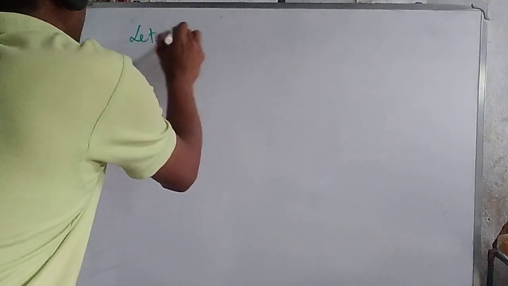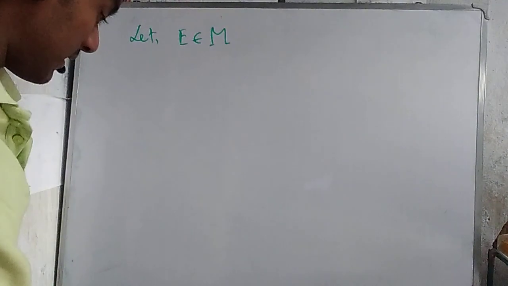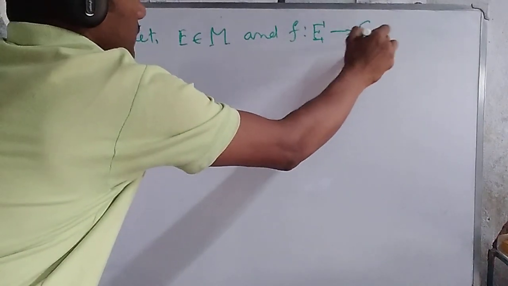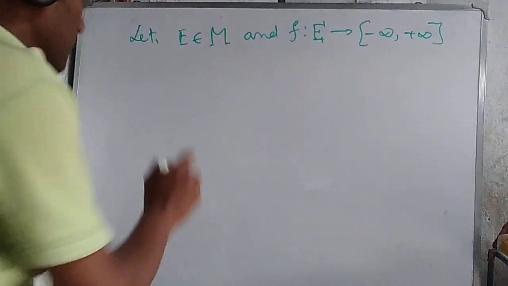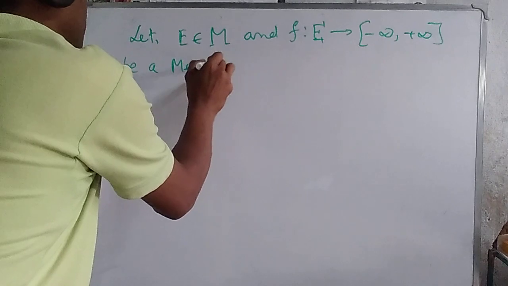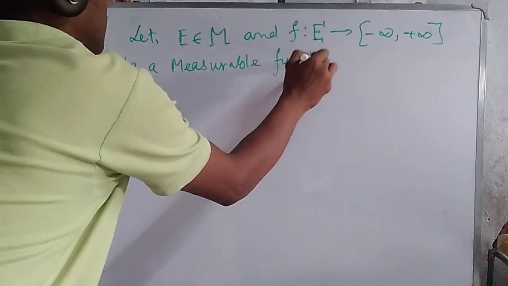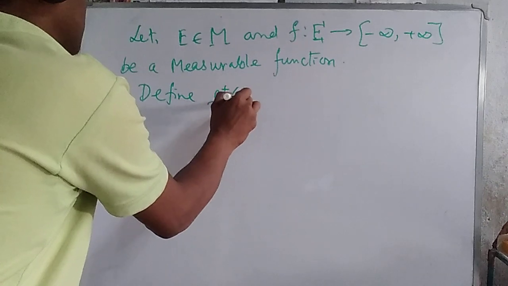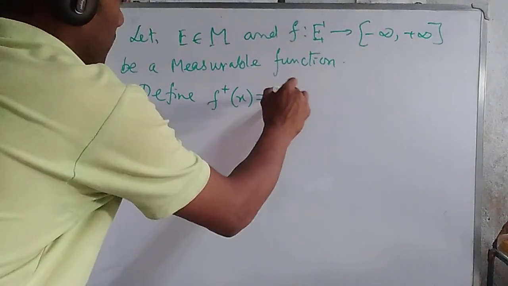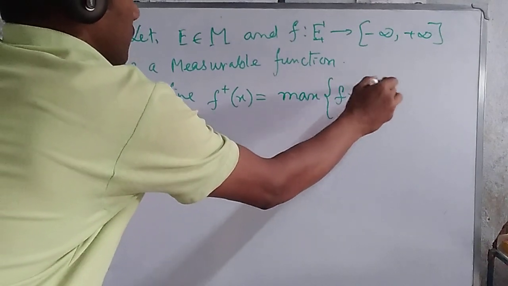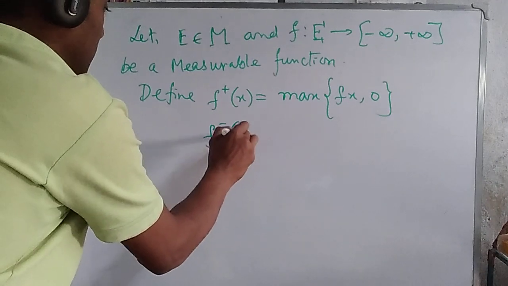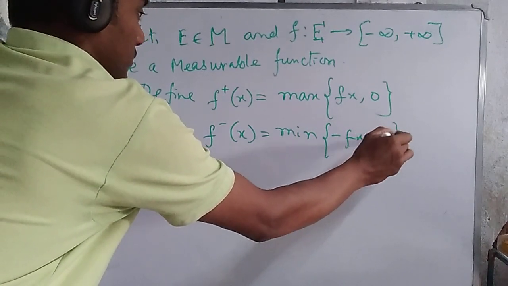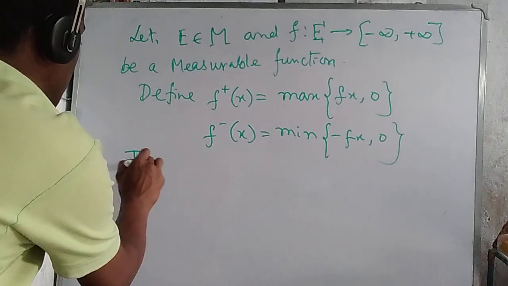Here let E belong to M, some measurable set, and if f from E to minus infinity, plus infinity is a measurable function, define f plus of x equal to the maximum of f(x) and 0, and f minus of x equal to the minimum of minus f(x) and 0.